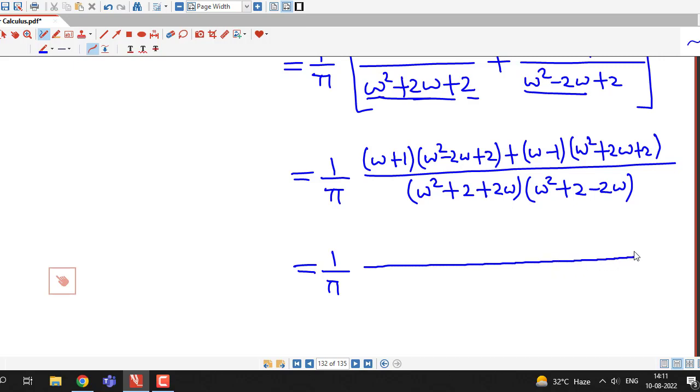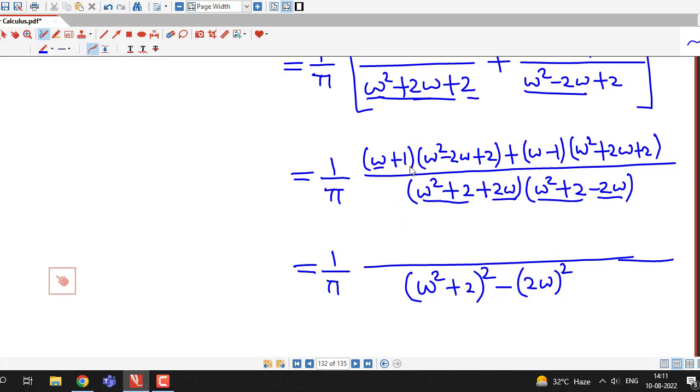Now if you observe, in the denominator I have (a plus b) and (a minus b), with a equal to omega squared plus 2, b equal to 2 omega. So this I can write as (omega squared plus 2) whole squared minus (2 omega) whole squared. And in the numerator I have to take these products.